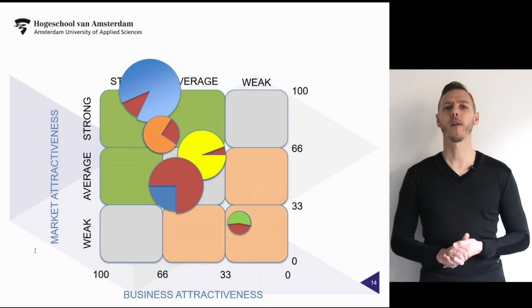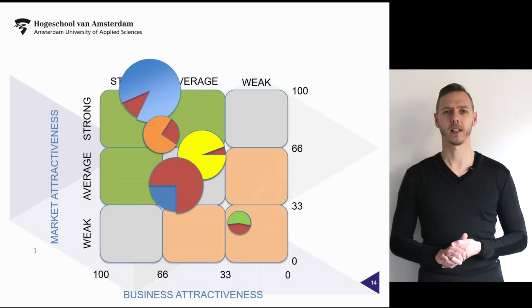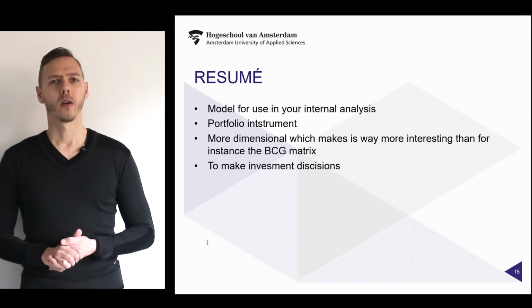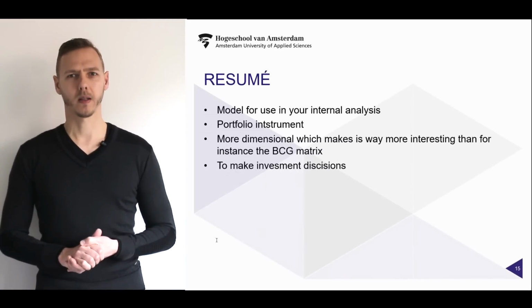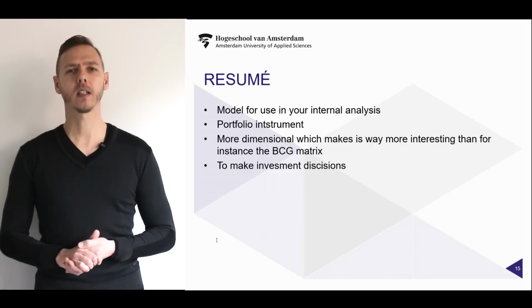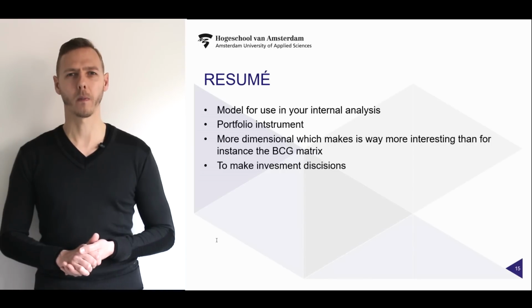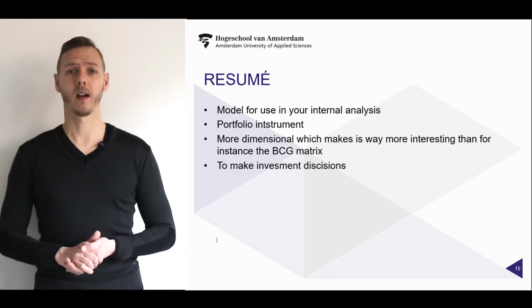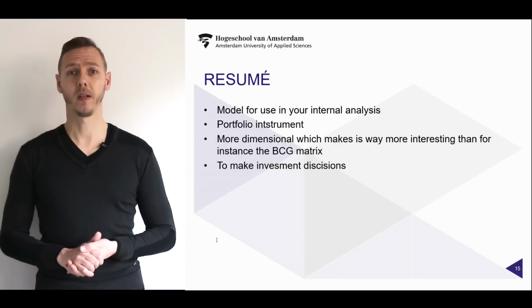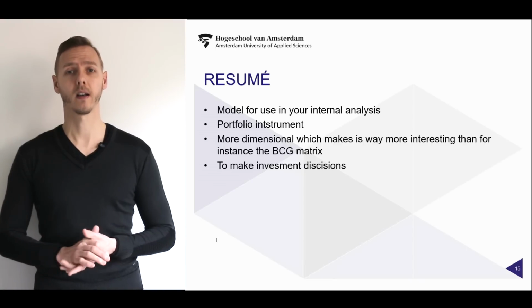So, now you have plotted your MABA analysis. Now you have an overview of how your positions are in the market and if these markets are attractive. To resume: why do we plot this MABA analysis? It's an analysis which you can use in your internal analysis to have an overview of your portfolio. It's more in-depth than the BCG matrix because it's more dimensional.